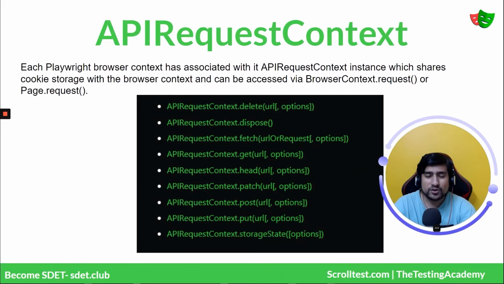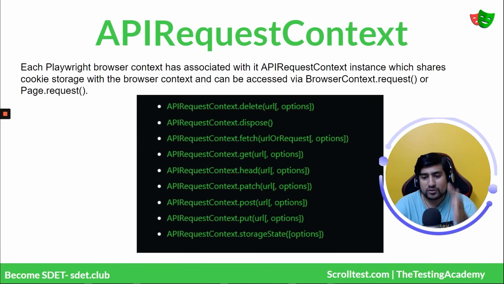First of all, I need to give you one very small concept that you can leverage. In Playwright, there is something called API request context. Each Playwright browser context has an associated API request context.